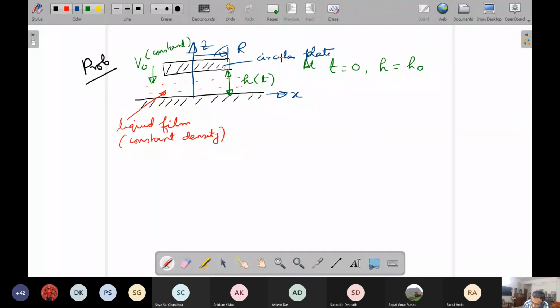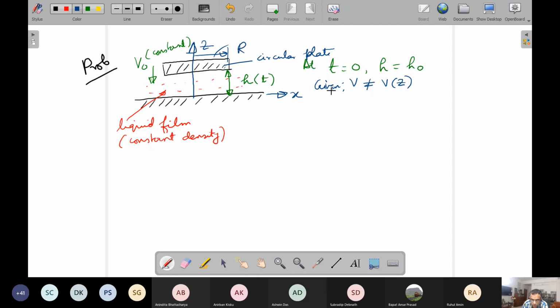And it is told that whatever may be the velocity within the gap, the velocity is not a function of z. This is given. So velocity is not a function of z.